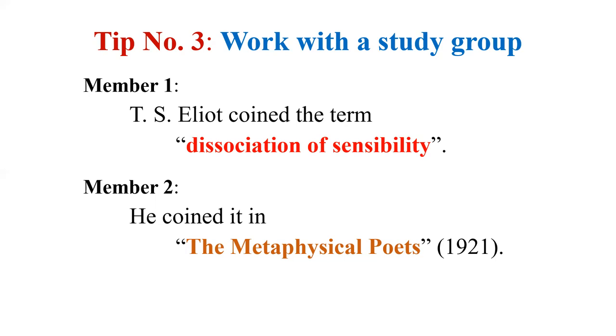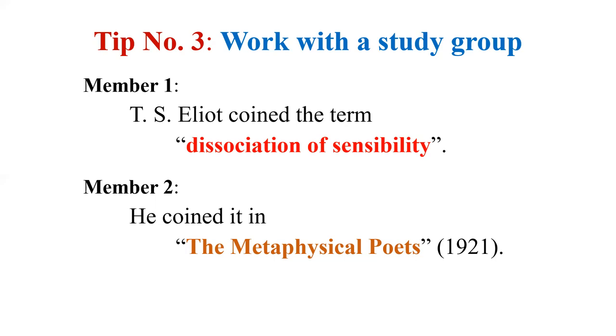Then we know T.S. Eliot says the metaphysical poets like John Donne, Marvell, and Cowley had a sensibility called unification of sensibility. They had the ability to fuse, put things together, in the sense they are able to connect thought and feeling, right?